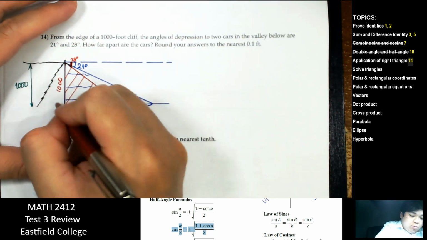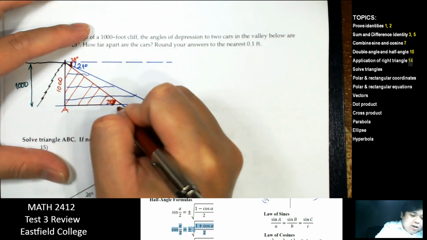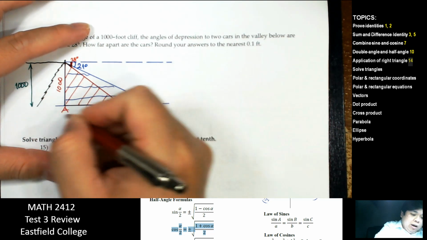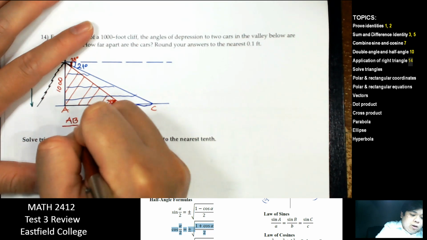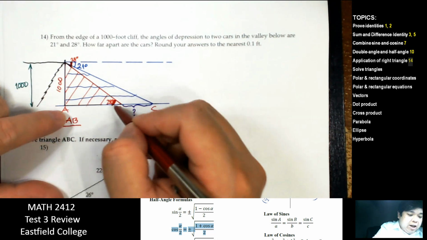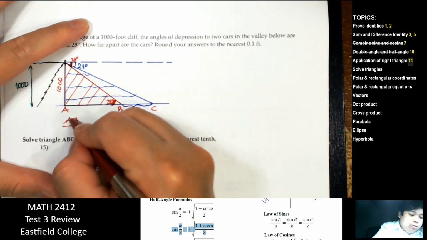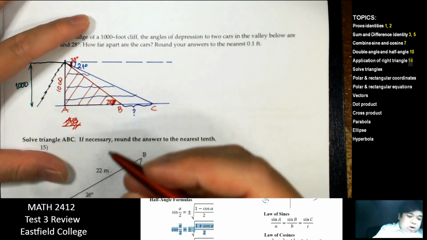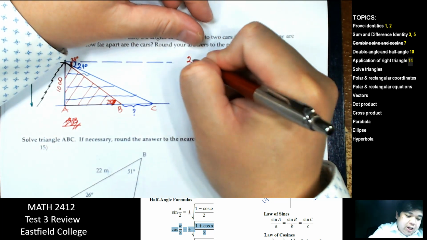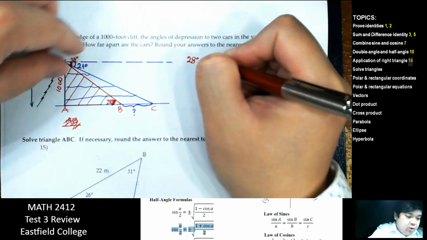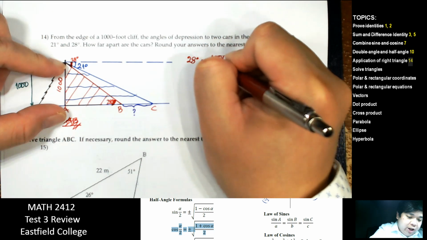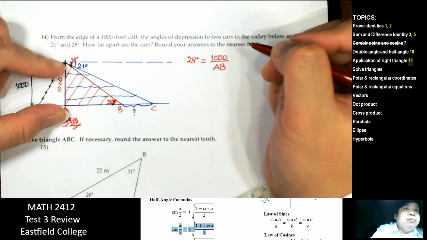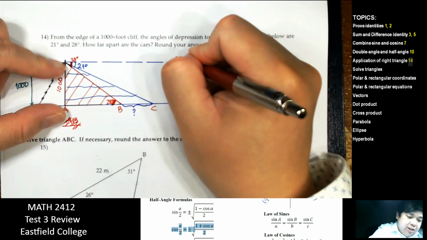So adjacent here, let's call this A, B, and C. We look for the sine, AB over H. Sorry, to start with 28 degrees first. So for 28 degrees, we need to have opposite over adjacent, which is tangent.